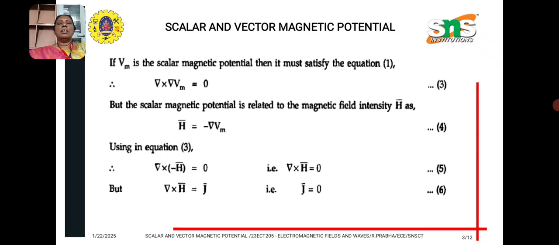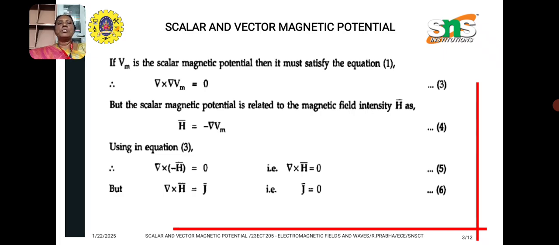So considering Vm is scalar magnetic potential, it must satisfy the previous equation del cross del Vm is equal to 0. But the scalar magnetic potential is related to the magnetic field intensity by the relation H vector is equal to minus del Vm. So by using this equation 3, we can replace del Vm by minus H, the negative of magnetic field intensity.